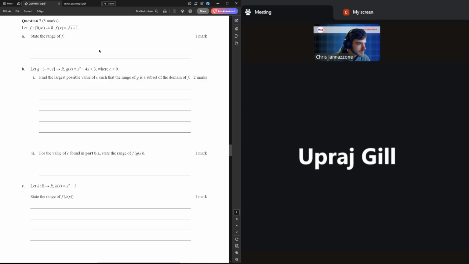Because you want to go from negative infinity up until -3, and you're doing the absolute value. So when you gave the answer, you used the domain of f rather than the domain of g. That's why that's off. Right.